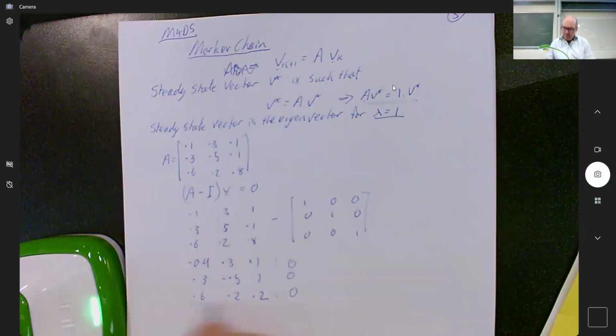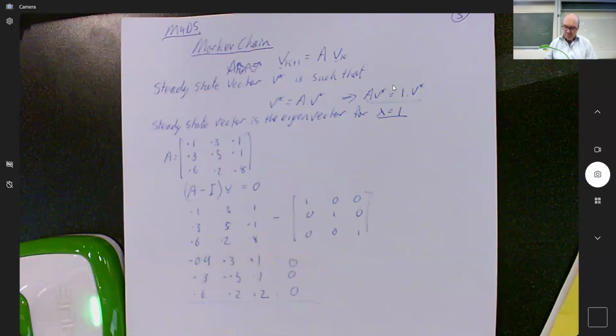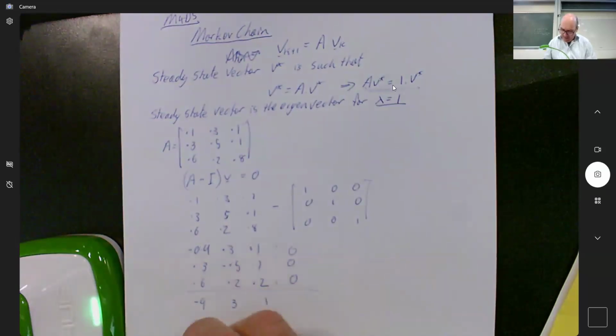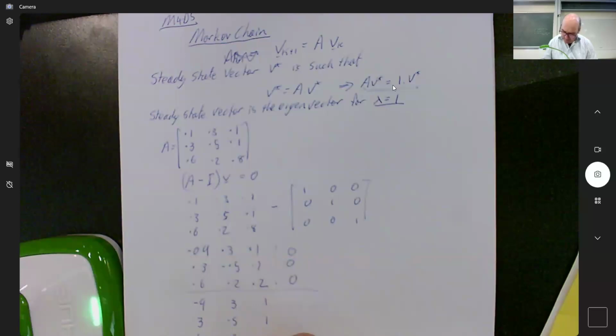About the first thing I'm going to do is multiply everything through by 10, because those numbers suck. So I'm going to go minus 9, 3, 1, 3, minus 5, 3, 1, 6, 2.